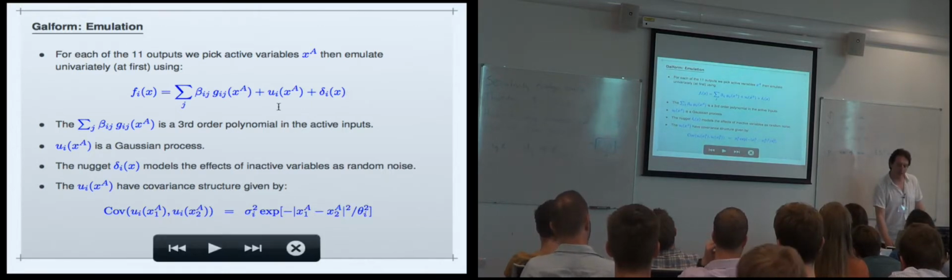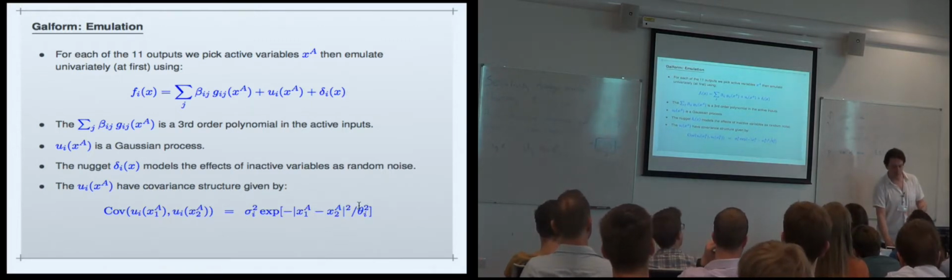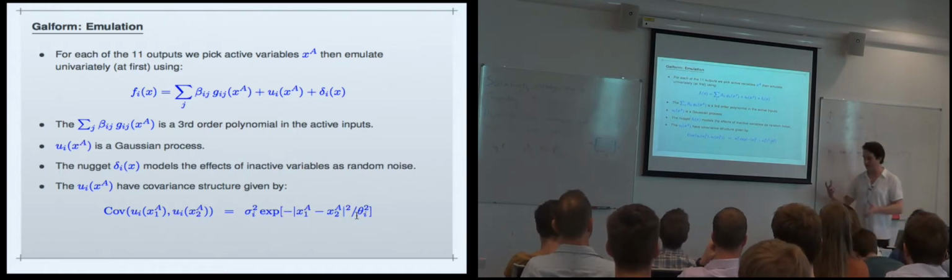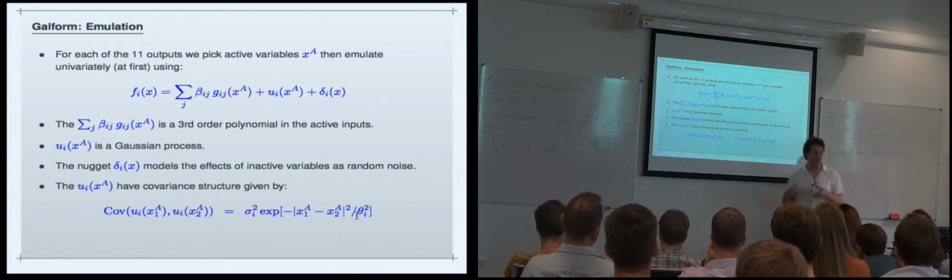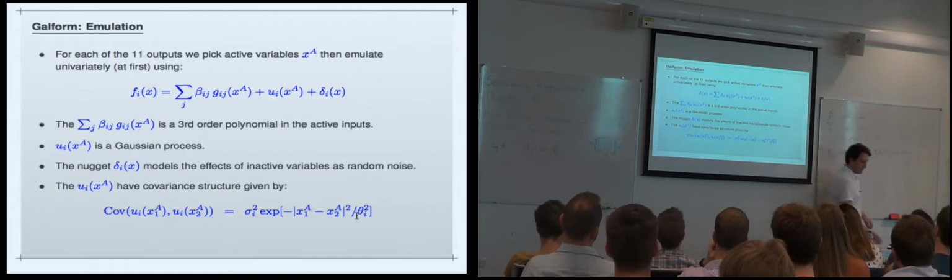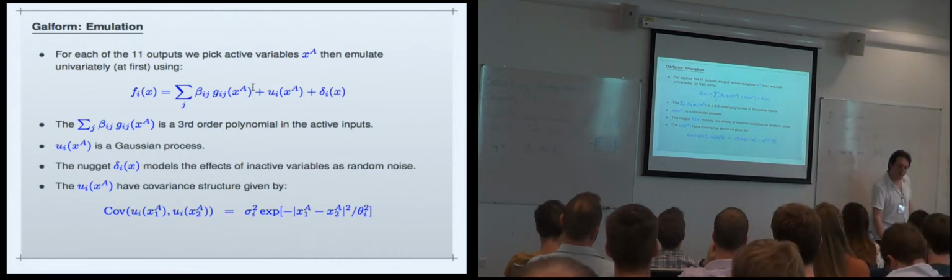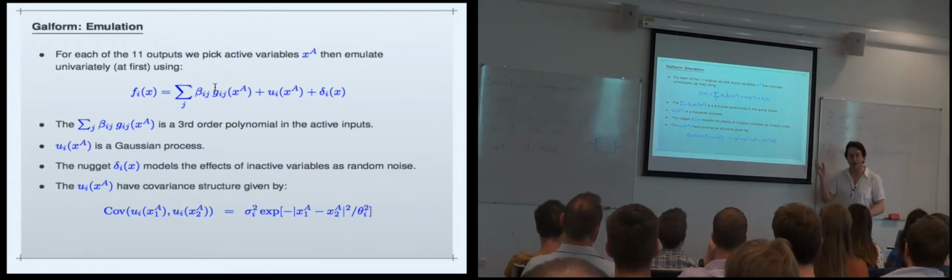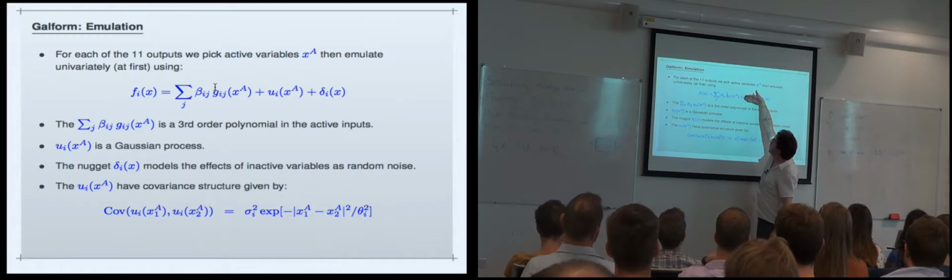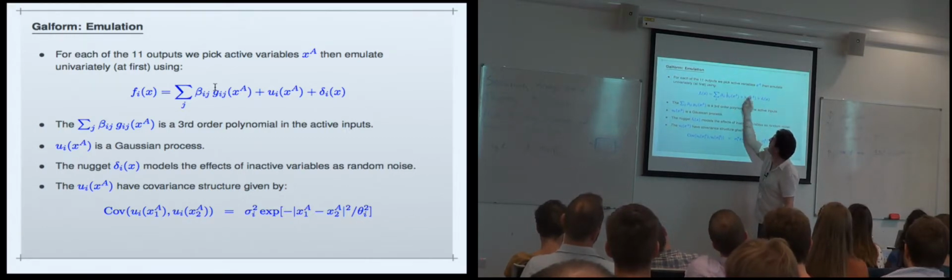For the covariance structure of this term, we use squared exponential. This can do okay in moderate sizes of dimensions. It has some dangers. You can be a bit too sure. However, when we fit these polynomials, we can look at them, and actually we find that they capture quite a lot of Galform's behavior. For example, if I just looked at a bare model like this, that's a polynomial plus some noise.